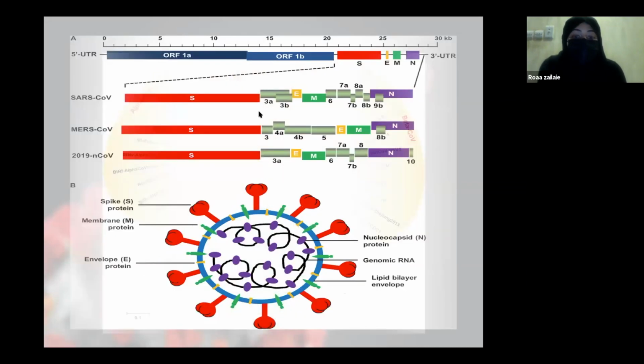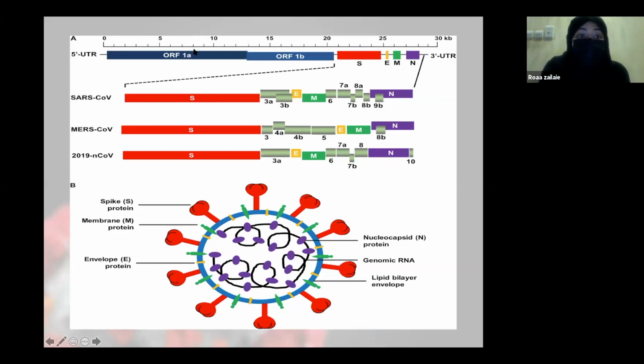During the genetic testing of the viruses, they saw similarity between SARS-CoV, MERS-CoV, and the new novel coronavirus SARS-CoV-2 in the spike, which is the red one, which is important for attaching to the host cells.